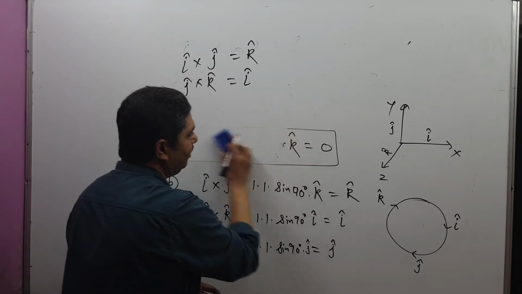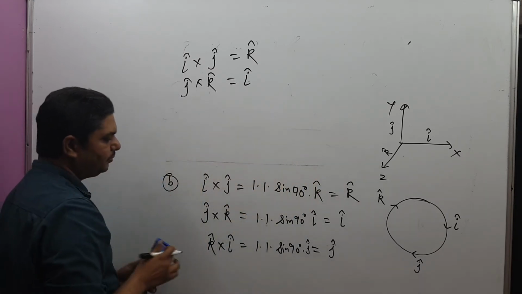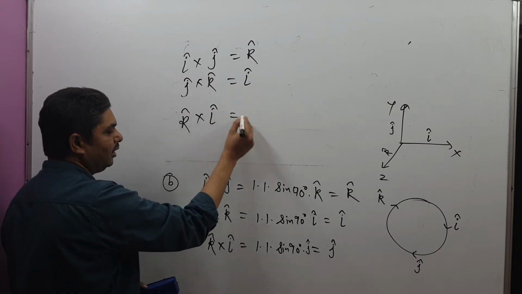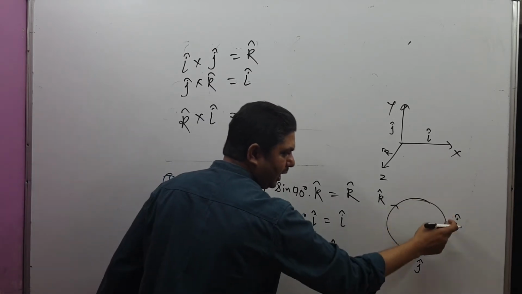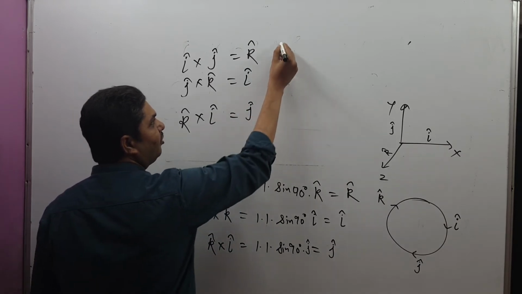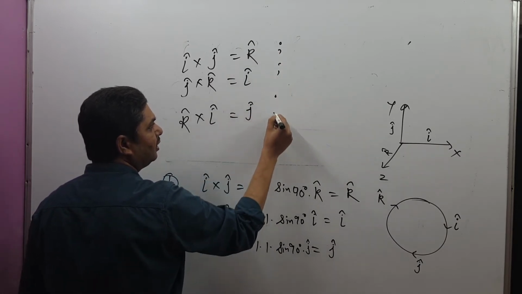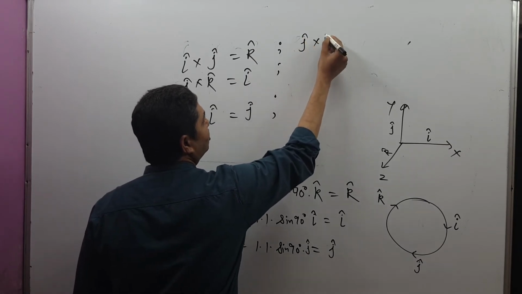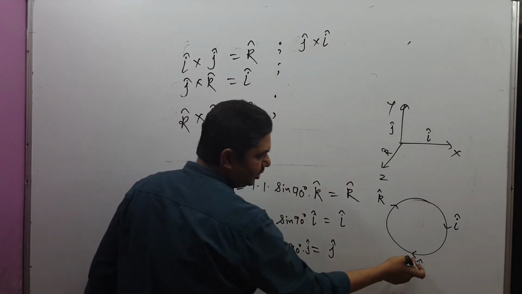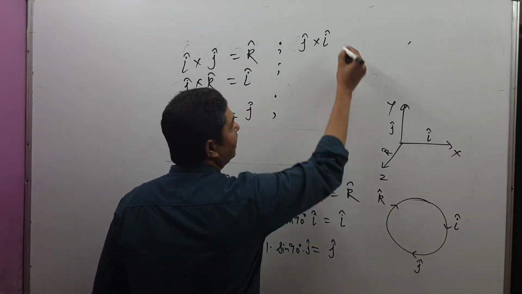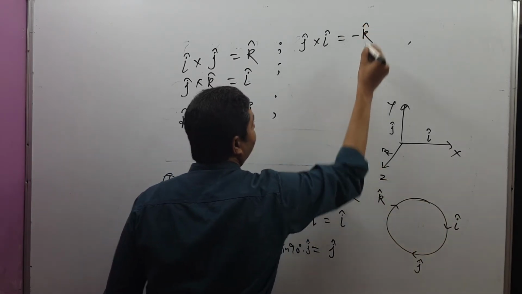In the same way, if you write k cross i, then k cross i is equal to j. So you get j. If you reverse these, if you write here j cross i, you get the opposite, k. So opposite k can be written as minus k.